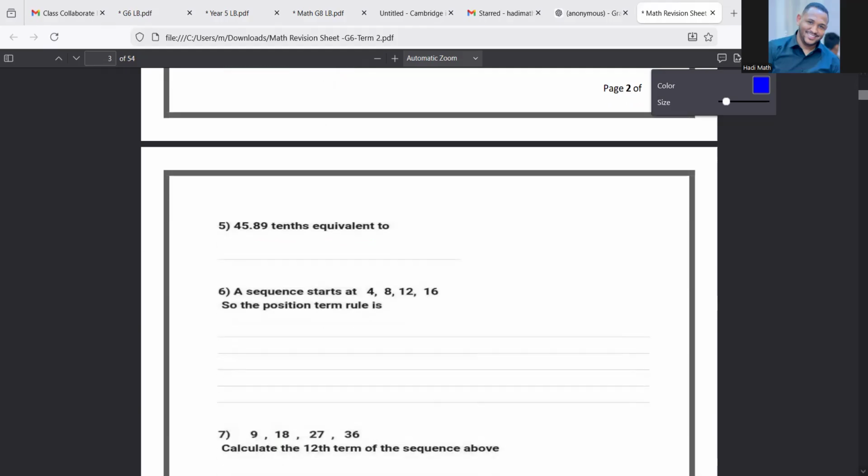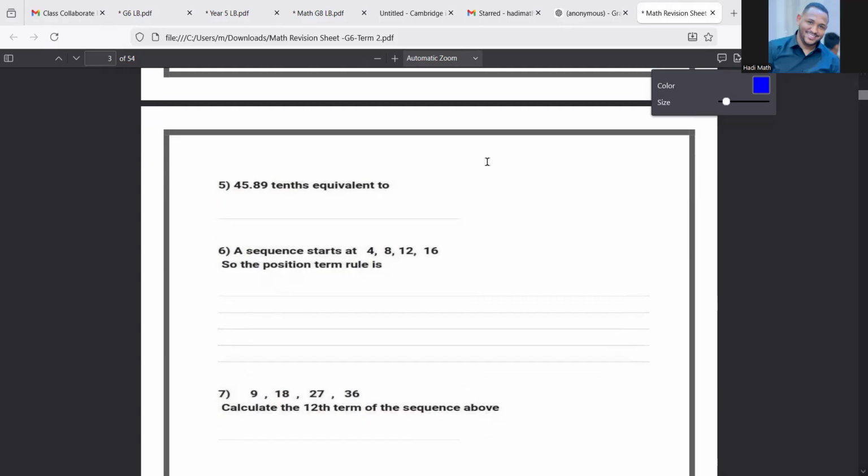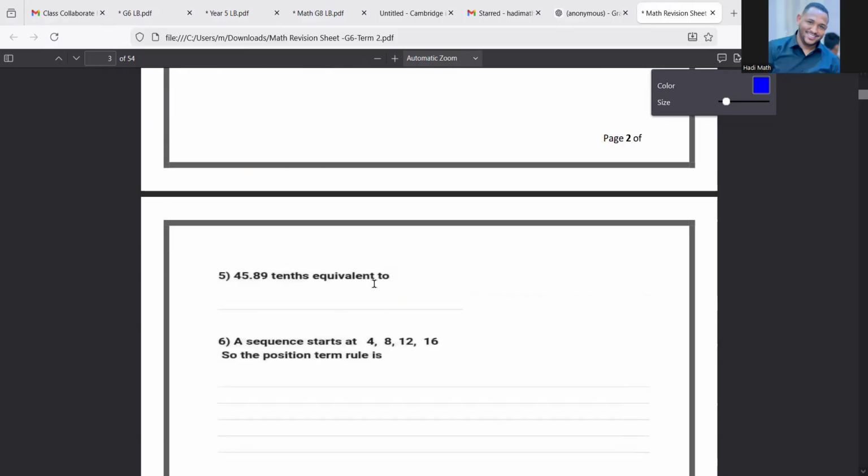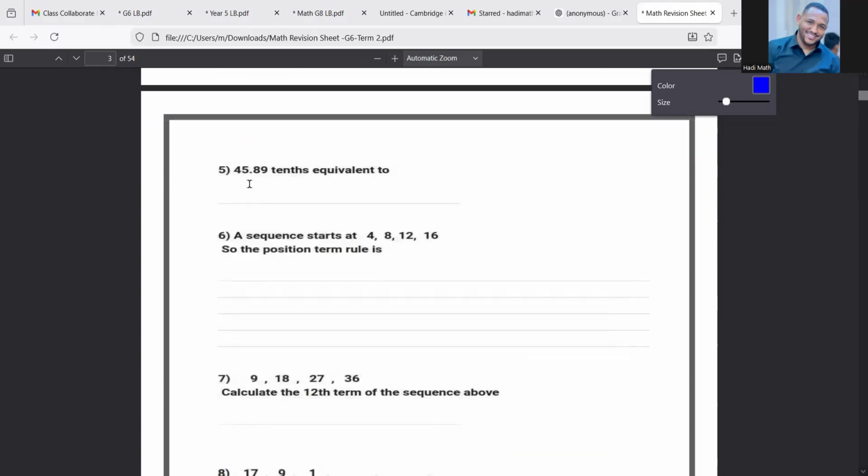Let's go to the next question. They said this number here, 45.89, tenths is equivalent to what. Please just make things as easy as it is. When you say tenth, it means just divide by 10.